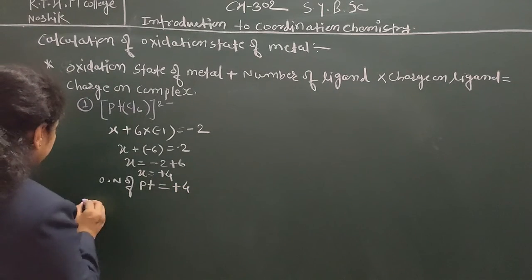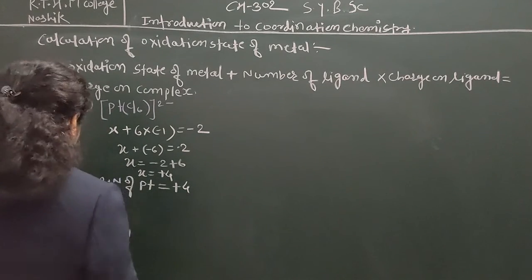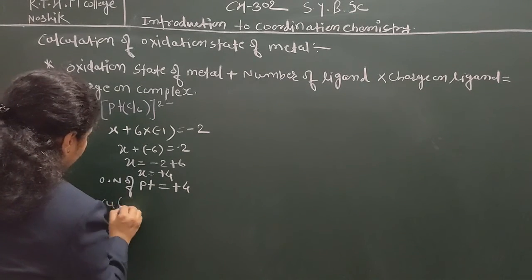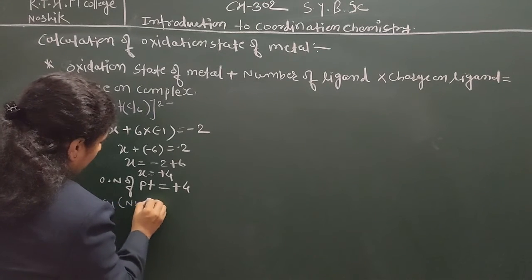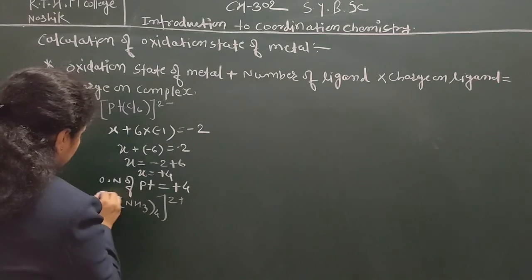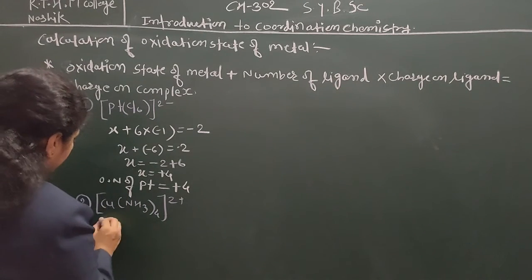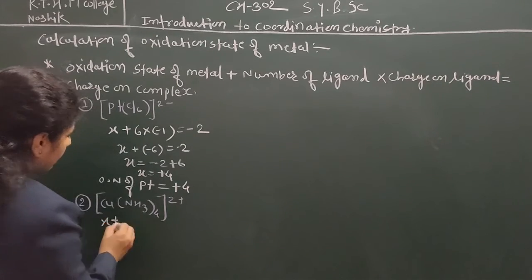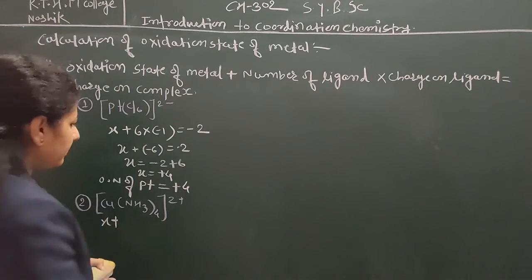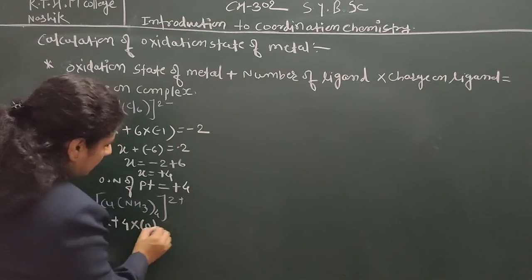Now the second example is a copper complex, the tetraamminecuprate complex. Here again X, that we want to calculate, plus the number of ligands, that is 4 ammonia into 0.